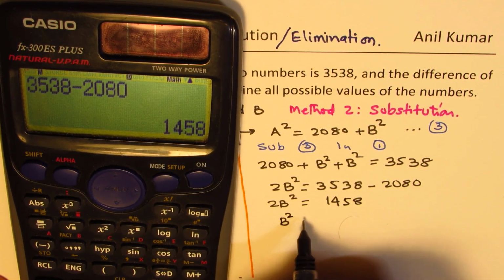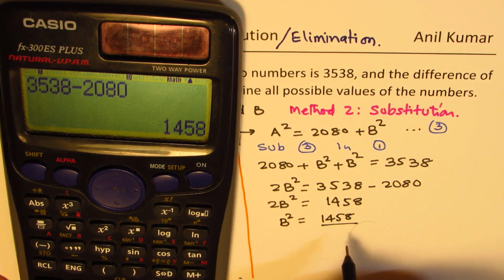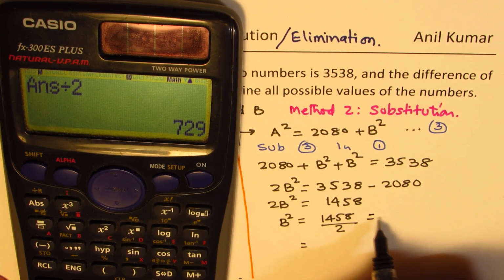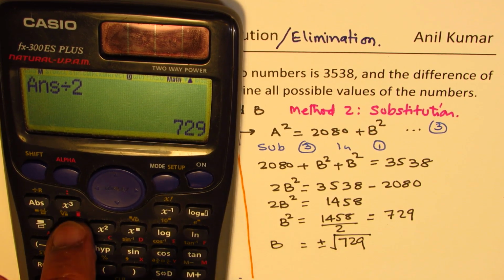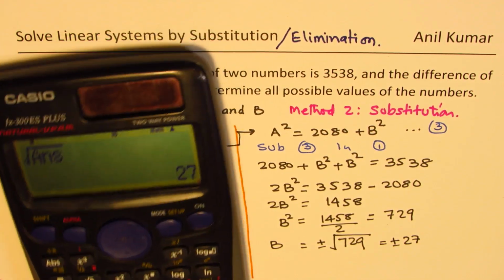So B square will be 1458 divided by 2, which is 729. And B should be equal to plus minus square root of 729. So if I do square root of 729, I get 27. Do you see that?